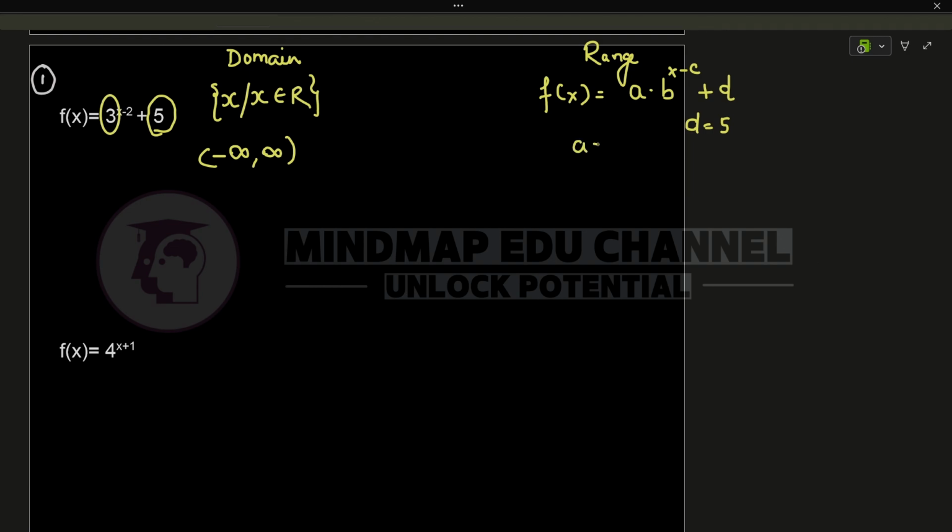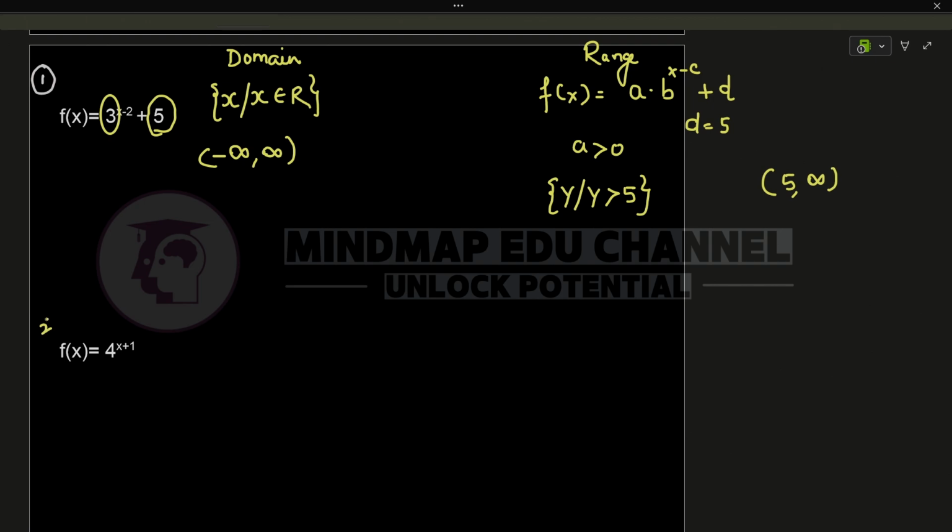So here a is greater than 0, therefore the range can be written as the set of all y values such that y is greater than 5. And in interval notation, the range is from 5 to positive infinity.